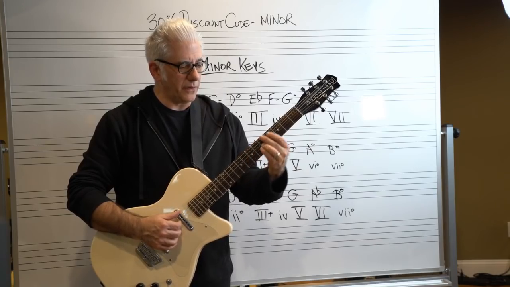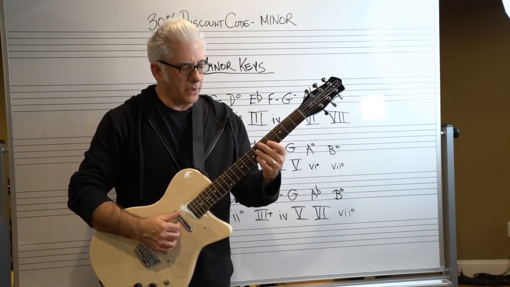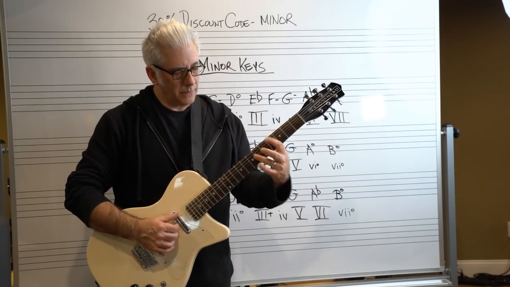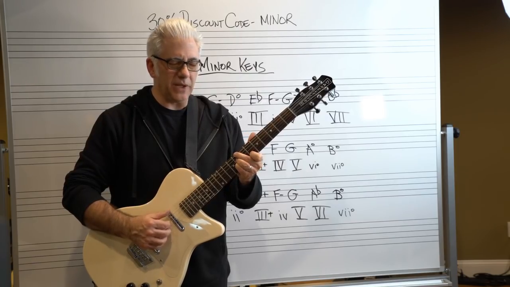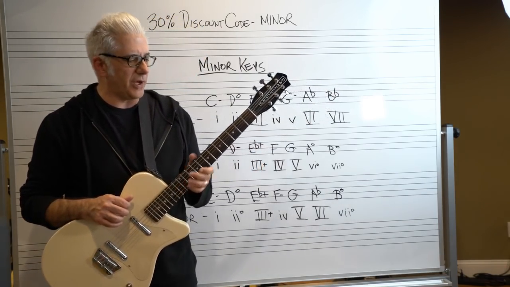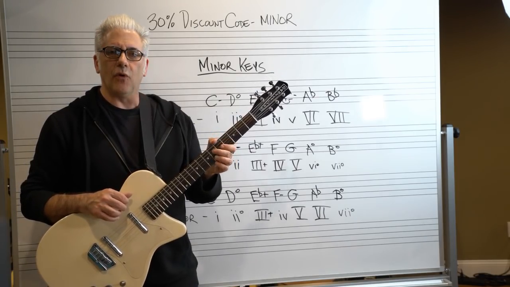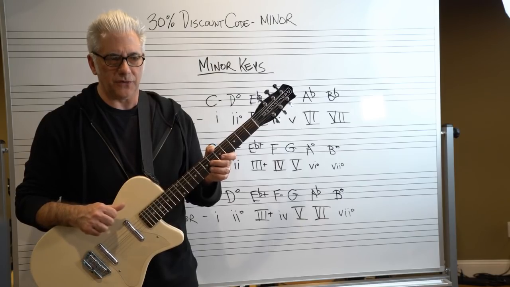Okay, that would be another. Or could use a common tone. Have that F be the common tone in each chord. So there's a lot of different things you can do to spice up a minor 2, 5, 1 just by adding some upper extensions to the chord changes.